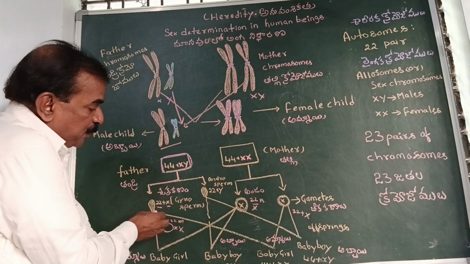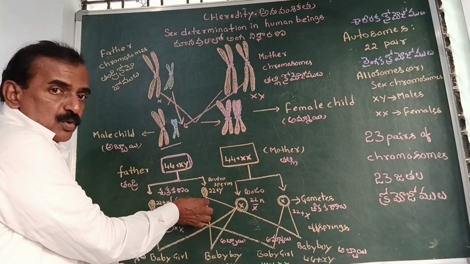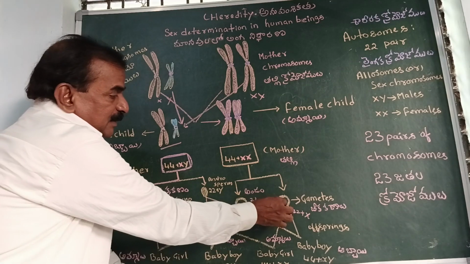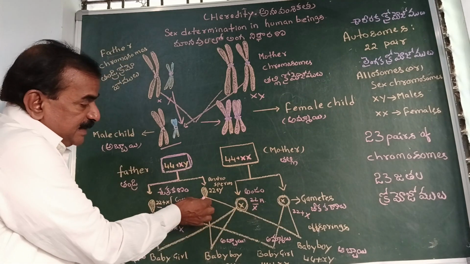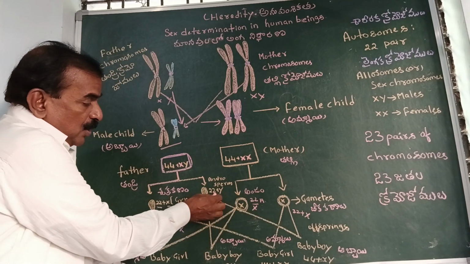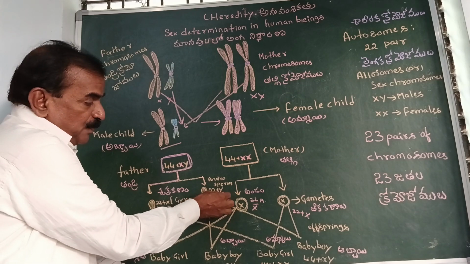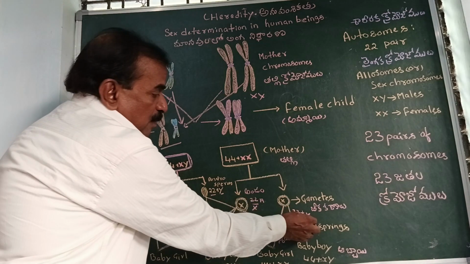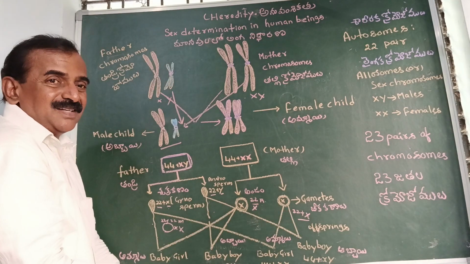Now when a sperm carrying the Y chromosome fertilizes the ovum, this androsperm consists of 22 autosomes and also a Y chromosome. The ovum consists of 22 autosomes and an X chromosome.